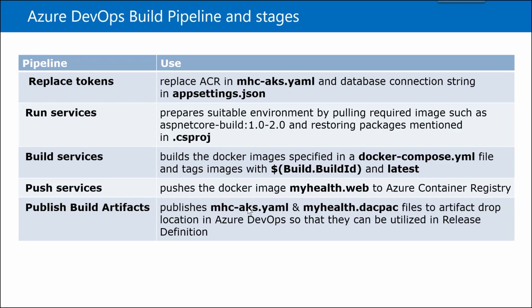So all the pod configuration will be written in this. We already discussed it in last slides, and these files will be published to the artifact drop location, so that once this publish pipeline is completed, the next step is going to be used for the release pipeline.